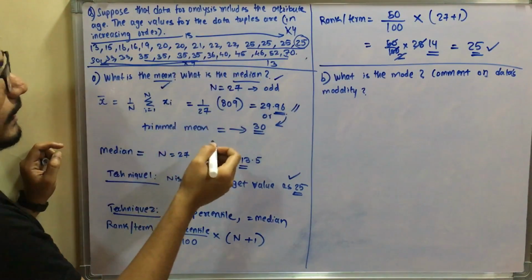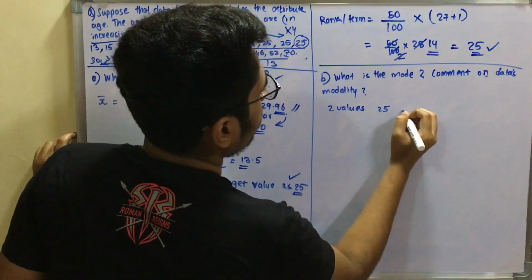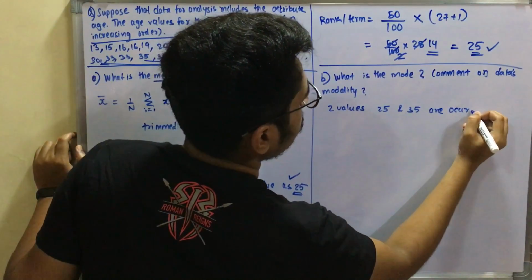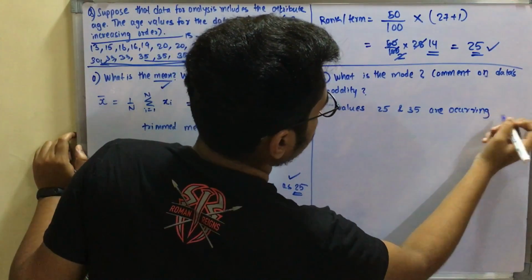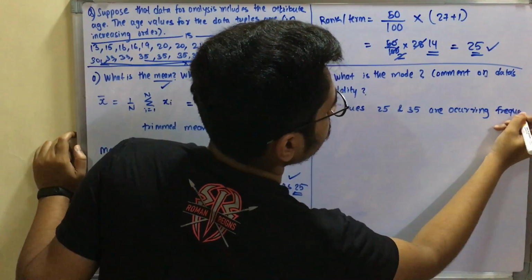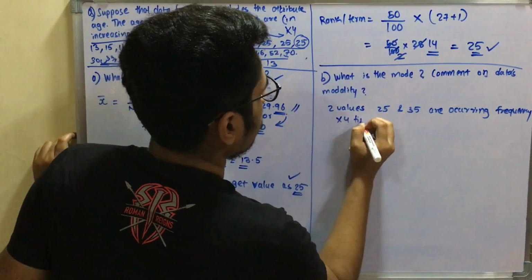So two values, 25 and 35, are the most frequent values, occurring 4 times.